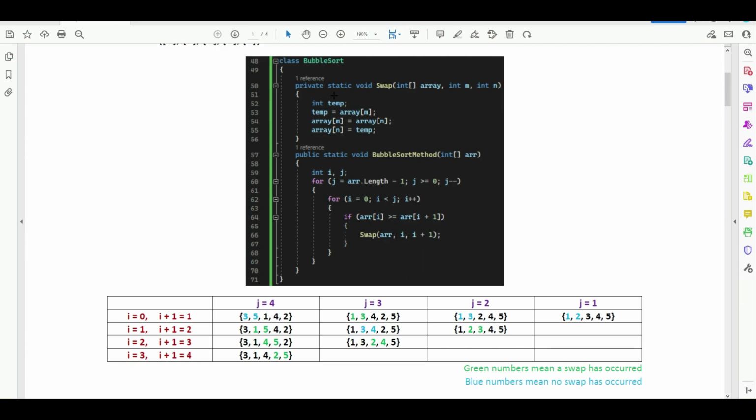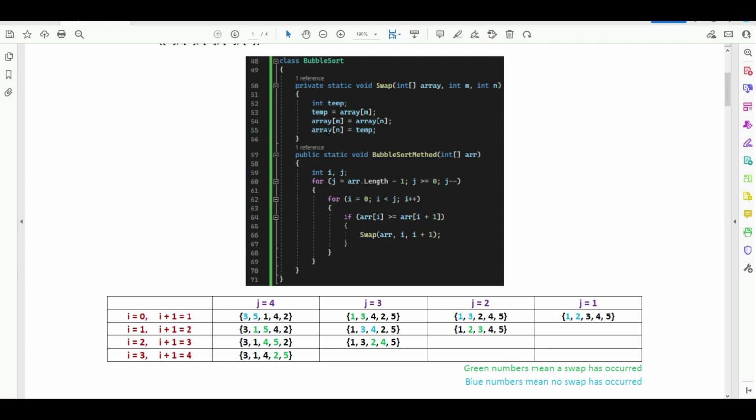And what the swap does is we start this temporary one, which is at the array element m here, where m up here is our I right here. And we set this temporary one here. Then we set the array m equal to array n up here, which we see is our I plus 1, and that is the element to the right of it.